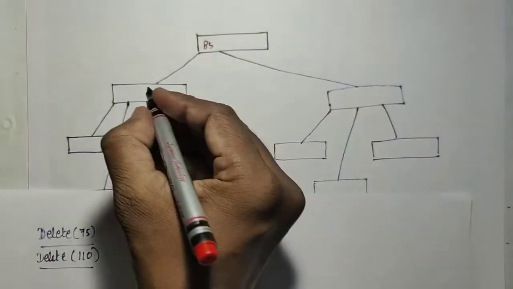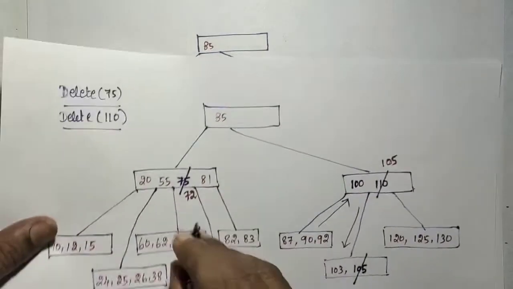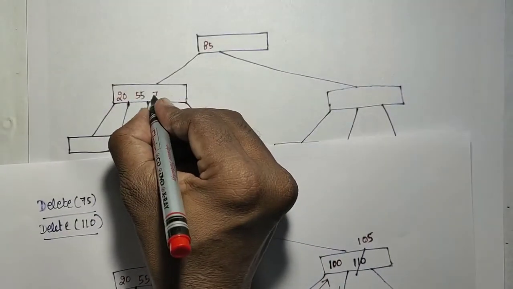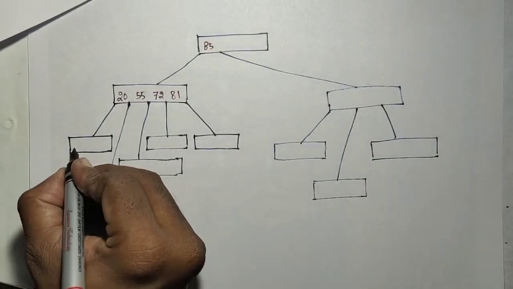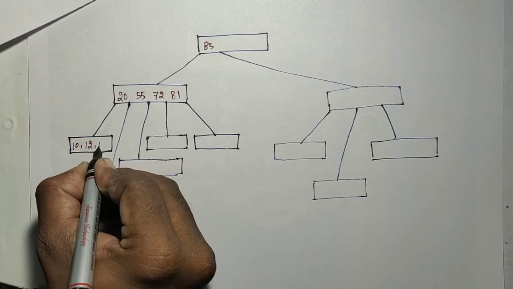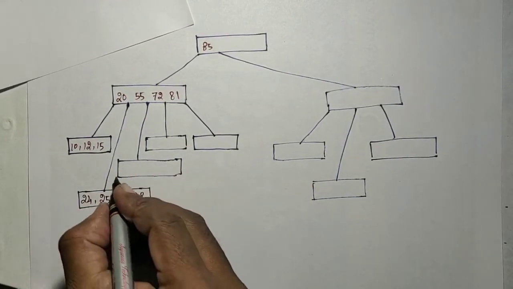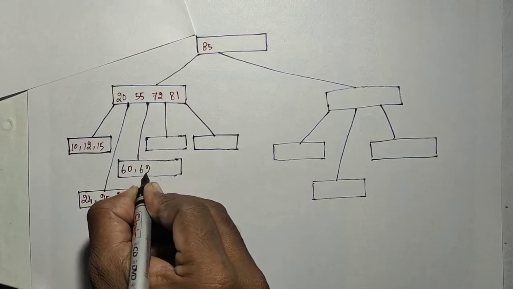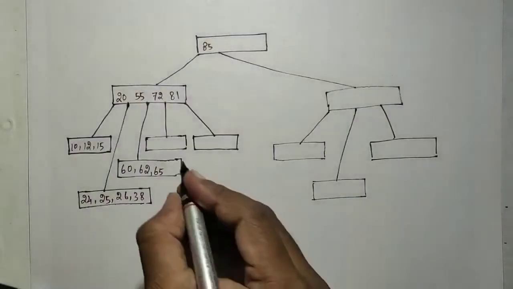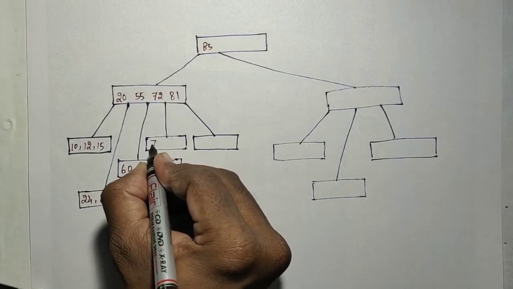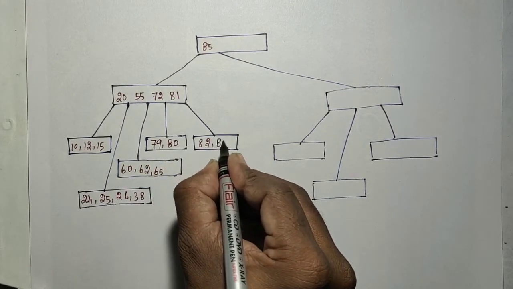And here, with the same elements, 10, 12 and 15. Now this is having only 60, 62 and 65, because the 72 is moved to this place. And here it is having 79 and 80, and it is having 82 and 83.